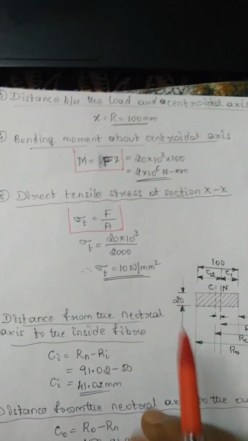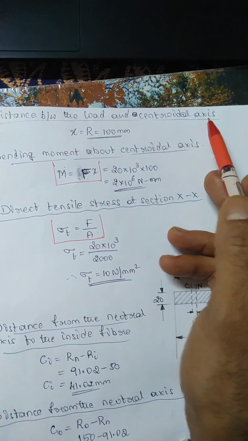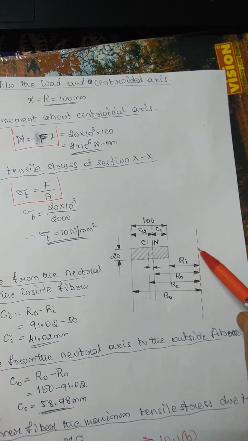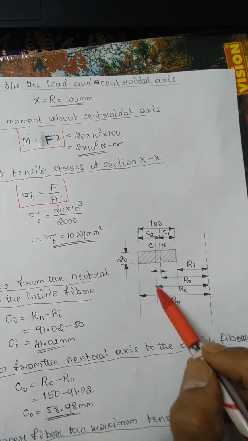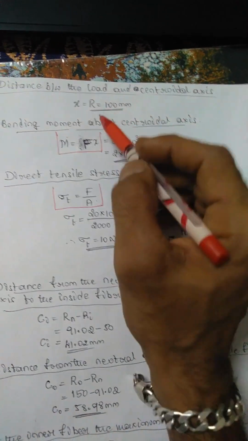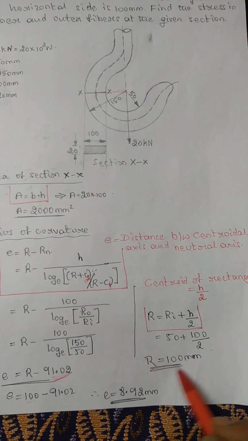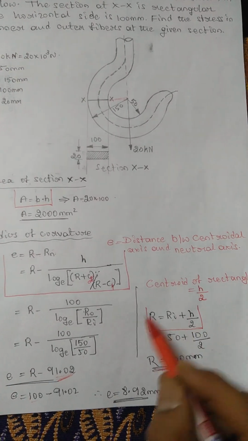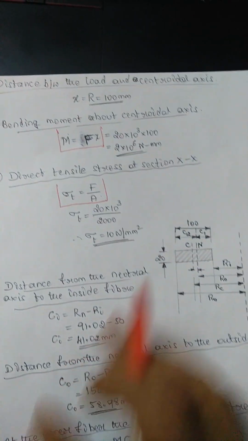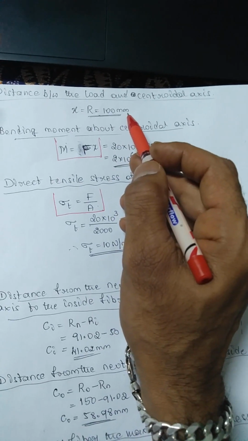Next, the distance between the load and the centroidal axis. If this is the load point and this is the centroidal axis, then x equals r, which is 100 mm.